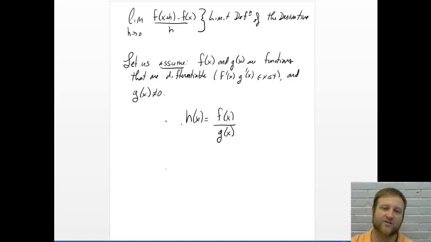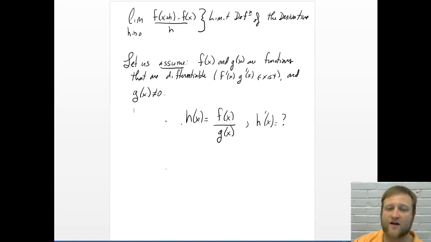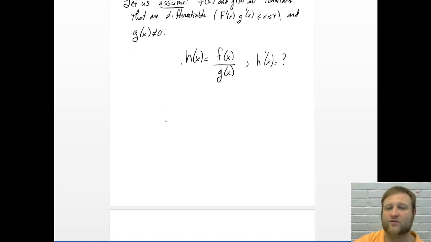And notice here the reason why we said g of x is not equal to 0: if g of x did equal 0, we would not be able to find the derivative of h of x. So now in order for us to find h prime of x, we will have to use the limit definition of the derivative. So let's go ahead and work this through just like such.